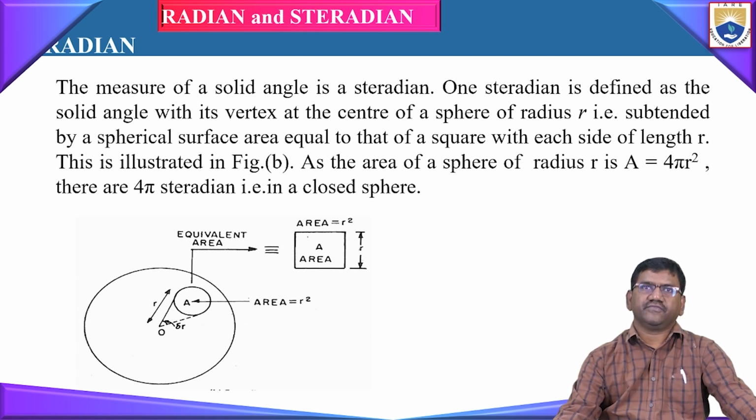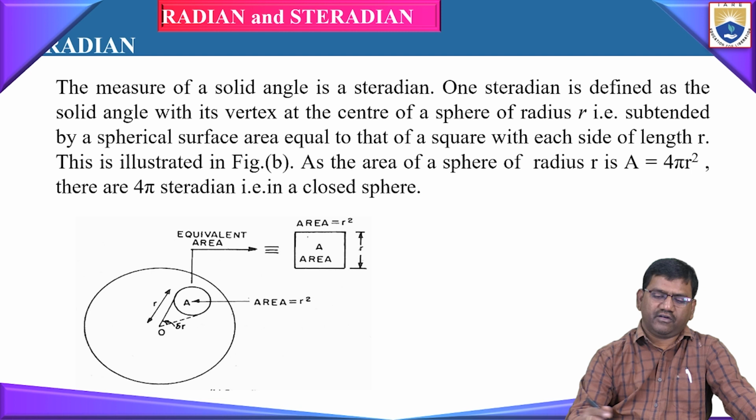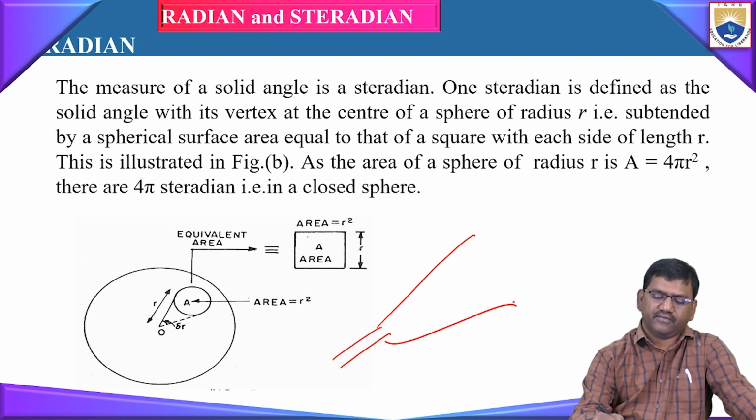One steradian is defined as the solid angle with its vertex at the center of a sphere of radius r that is subtended by a spherical surface area equal to that of a square with each side of length r. Suppose there is a beam of light falling on this surface.